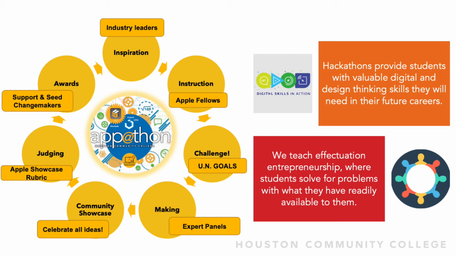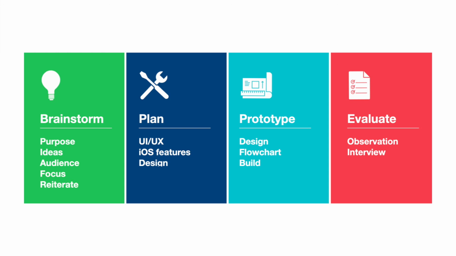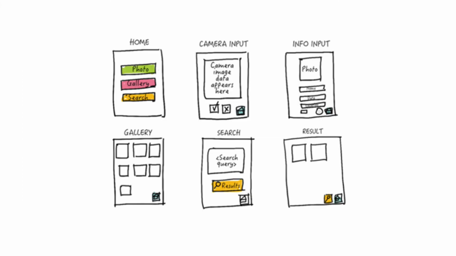So I mentioned a little bit about the Apple Fellows. What we're doing there is we're teaching students brainstorming, planning, prototyping, and evaluating. What we're asking the students to do really is to just create a little map of what their apps would do.